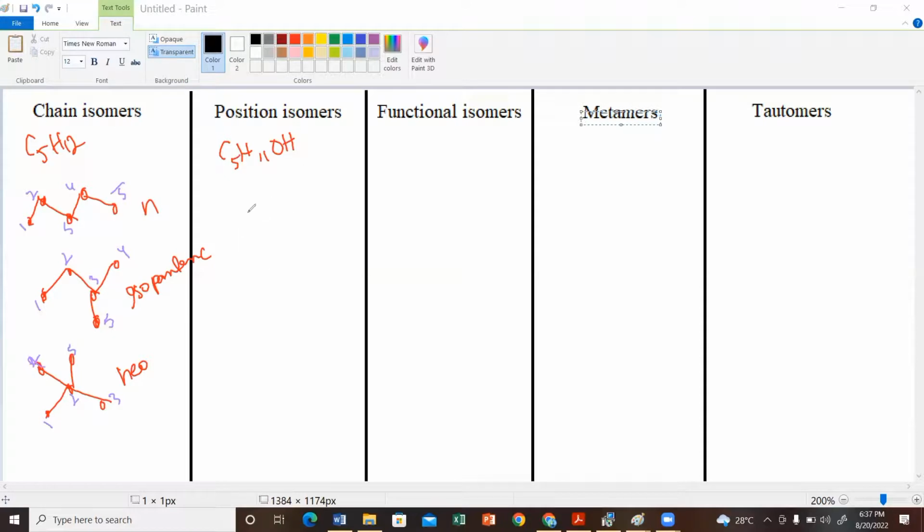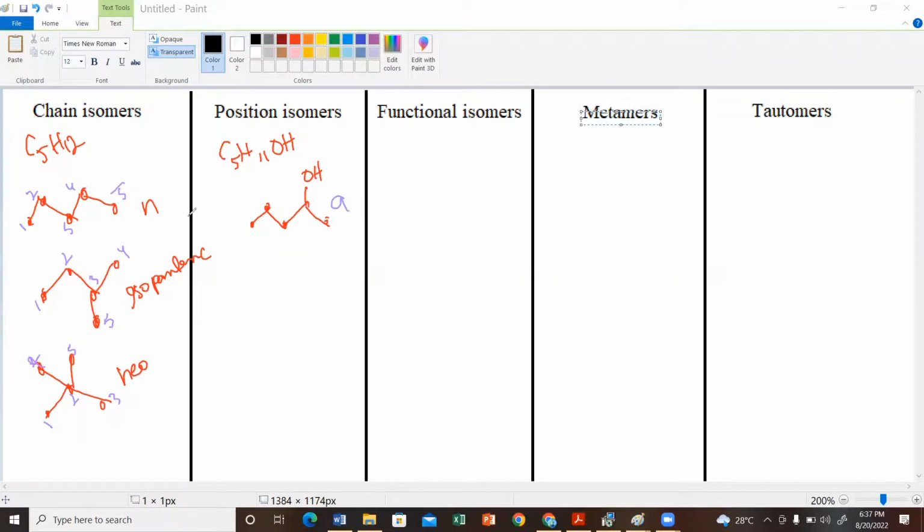In this alcohol, if we arrange 5 carbons linearly, 1, 2, 3, 4, and 5, and place OH on the second position, that is structure A.